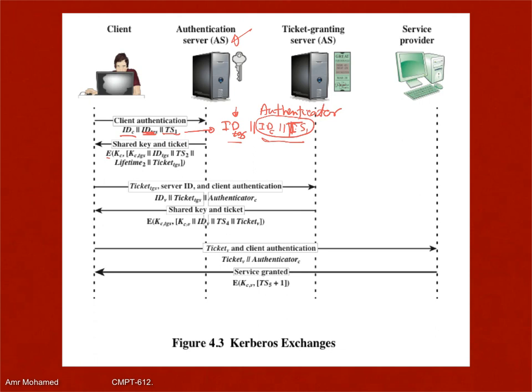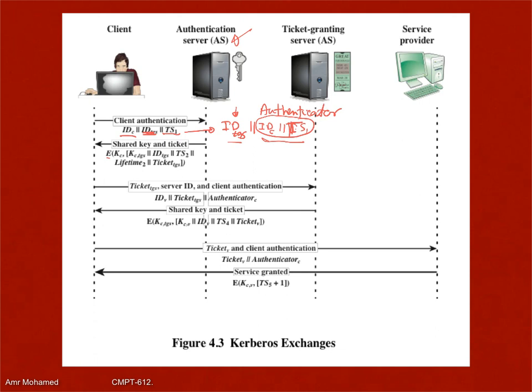But the authentication server will extract a key from your password, whether from the hash of your password, or we can use this hash as an index to a repository to get a key from that repository based on this hash. In all cases, this process is well known at the authentication server and at the workstation side.